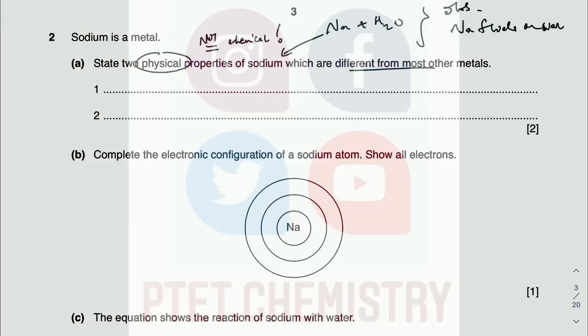So why does the sodium float on water? Because the sodium is less dense than water, so that's why it floats on the surface of water, and then it will start to generate hydrogen gas, because now that is chemical reactivity.